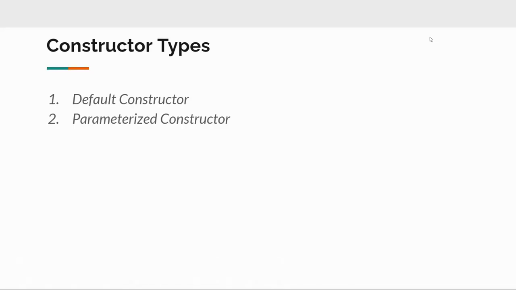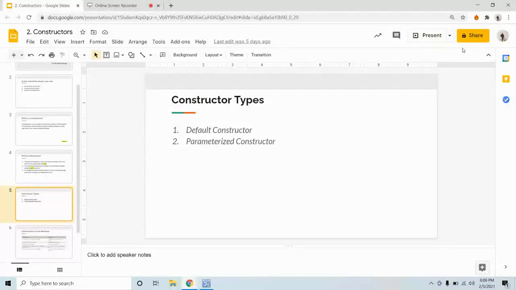Number one, default. Number two, parameterized. Parameterized is going to be demonstrated later, but the easy way, the basic example of a constructor, is what we call a default constructor.